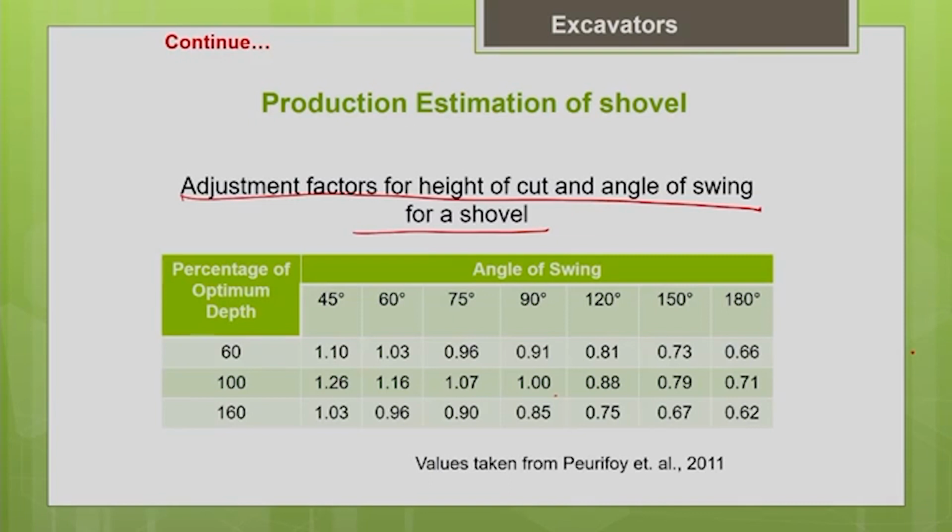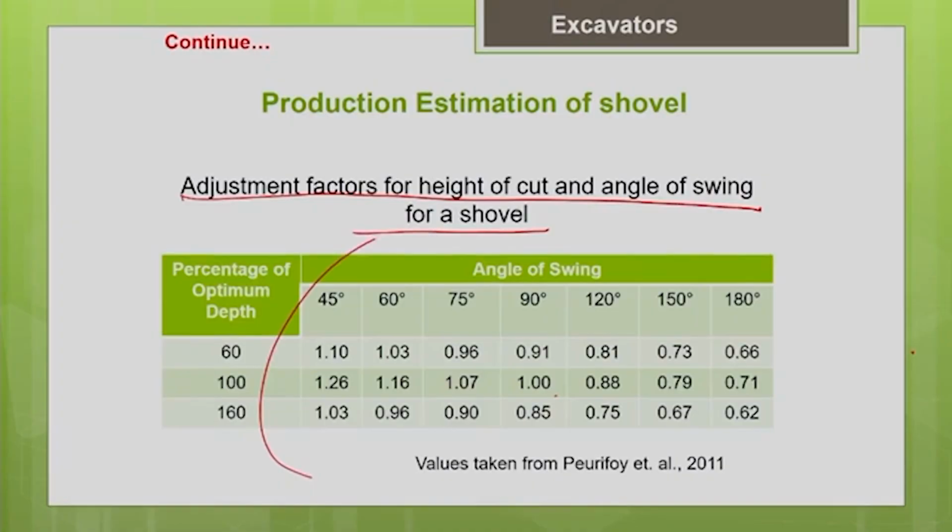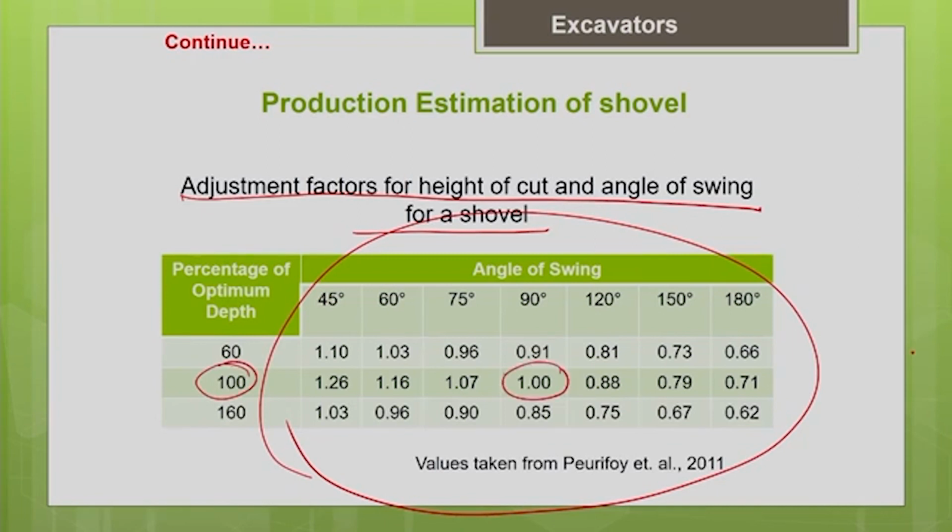Okay. If the actual height of cut and the angle of swing differ from the ideal condition in your project site, then you have to choose the correction factor accordingly from this table and apply it to the productivity. If the actual height of cut is the same as the optimum height of cut, and if the angle of swing is 90 degree, then you need not apply any correction factor.